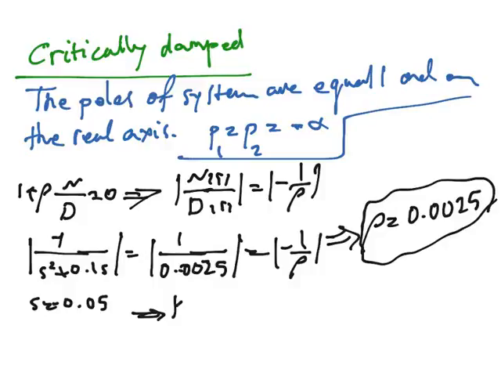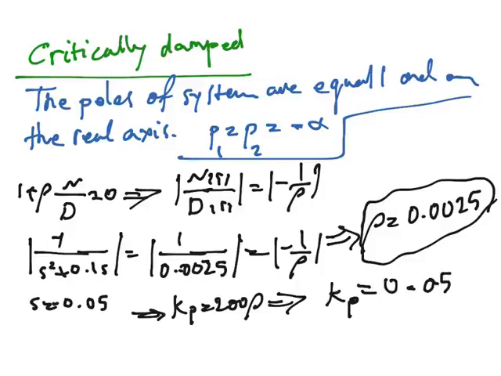And since our Kp is equal to 200 times rho, Kp is equal to 0.05. So if we have Kp equal to this value, we will have both poles of the system located at the same place, which gives us the critically damped behavior for the system.